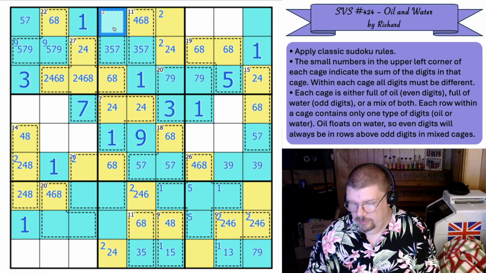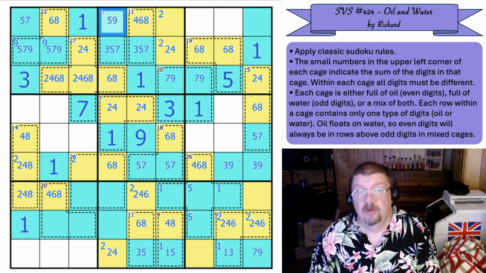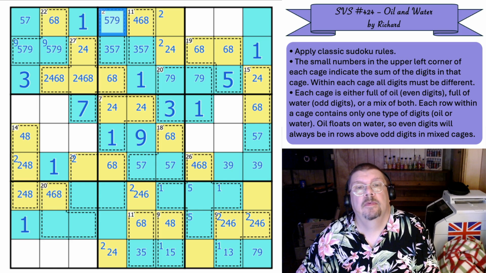So 3 plus 9, or with 5 or 7. So it's either 3, 9, or it's a 5, 7 pair. So that's 3, 9, that's 7, that's 5. That's 5, 7, that's 3, that's 9. Okay.